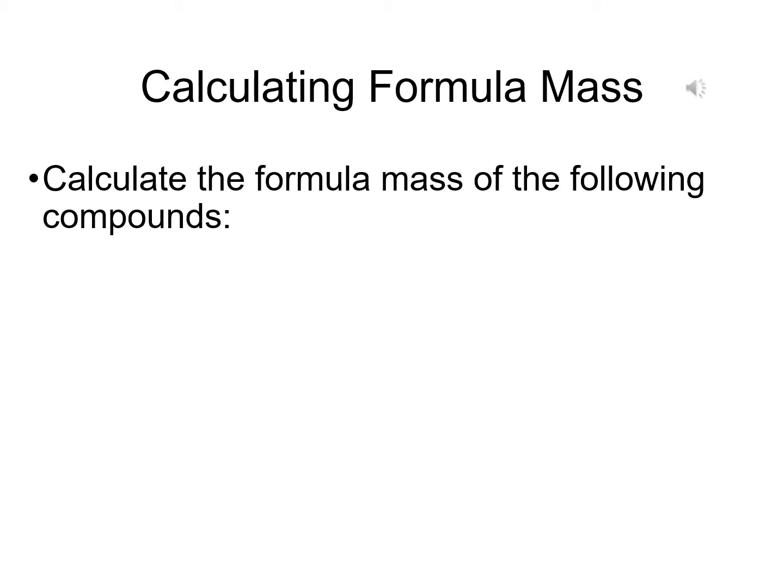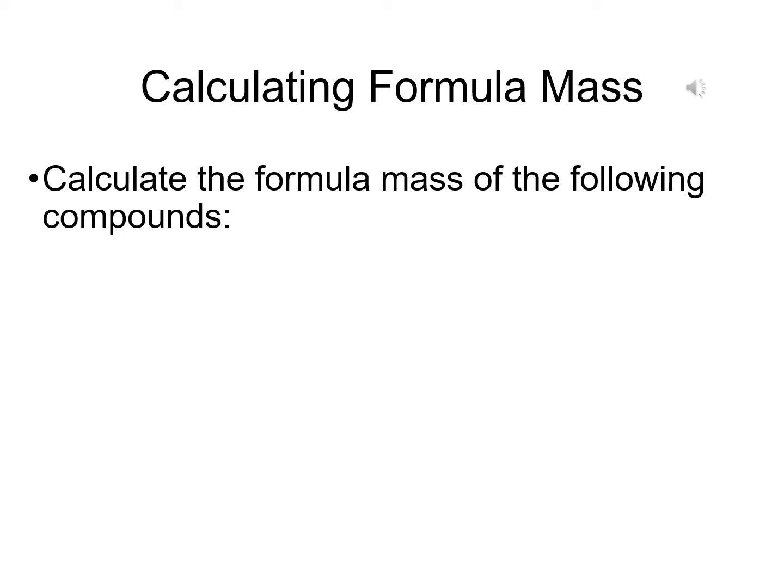Next, we look at the formula mass for ammonium phosphate. So we have 3 ammonium ions. So we have 3 nitrogens, 4 hydrogens, 1 phosphorus, and 4 oxygens.